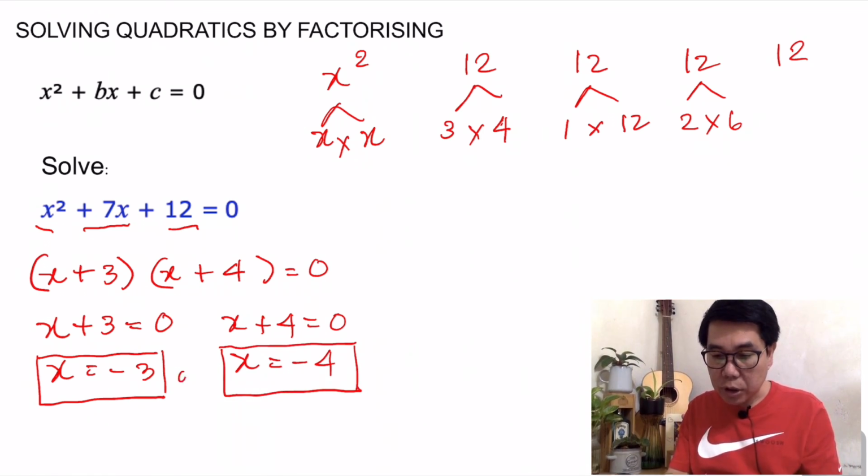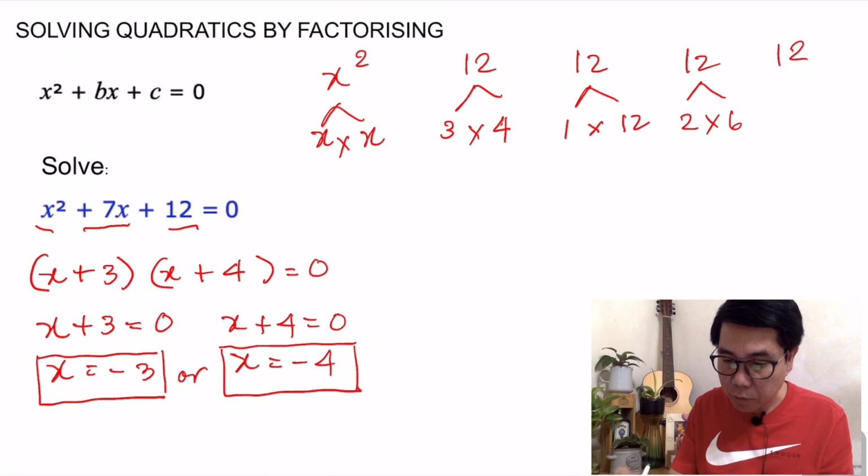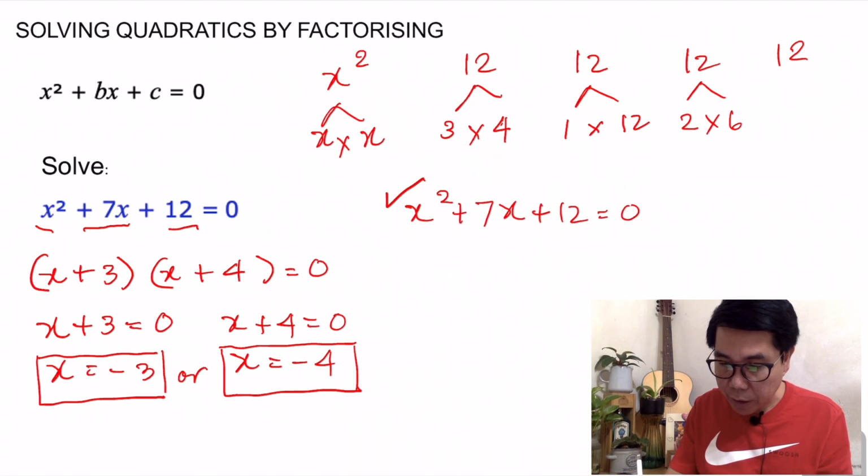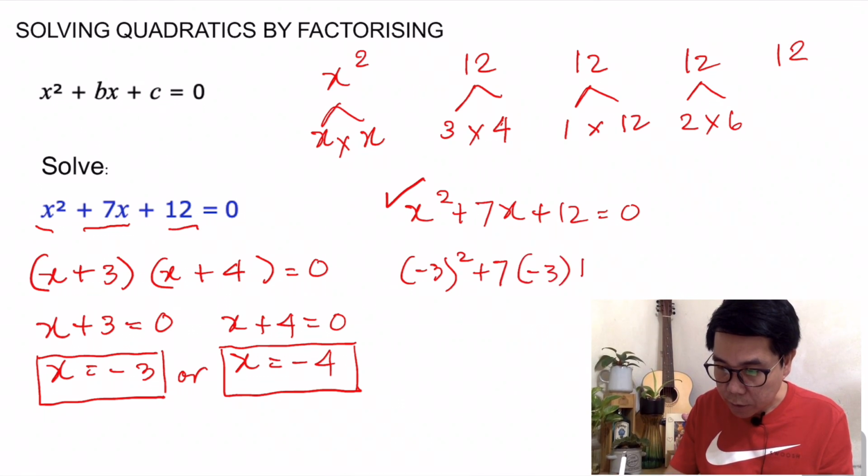Now, to check if our answer is correct, we will have to substitute. So x squared plus 7x plus 12 equals 0. If the value is negative 3, then negative 3 squared plus 7 times negative 3 plus 12 equals 0.